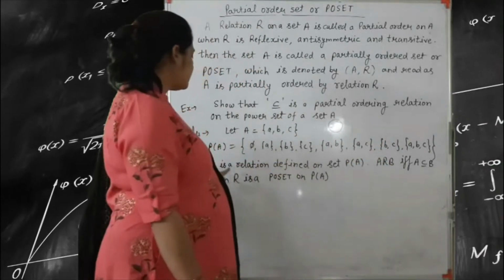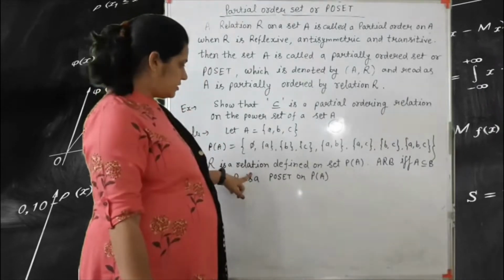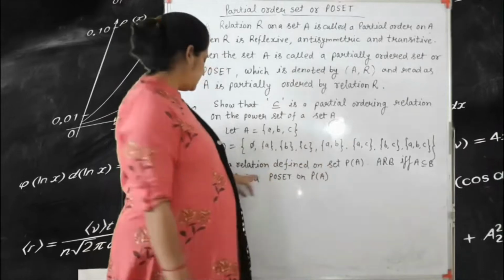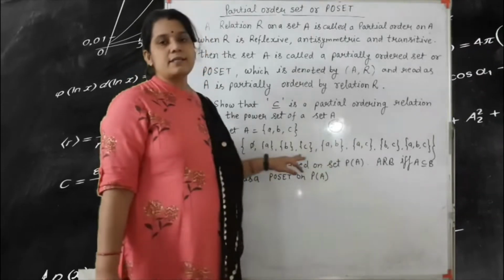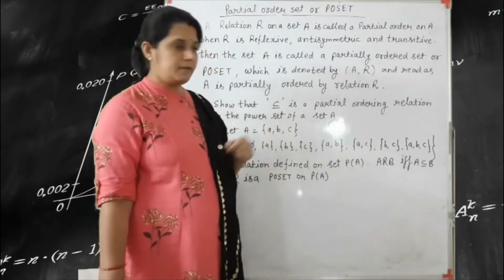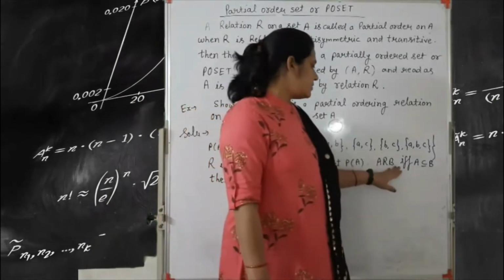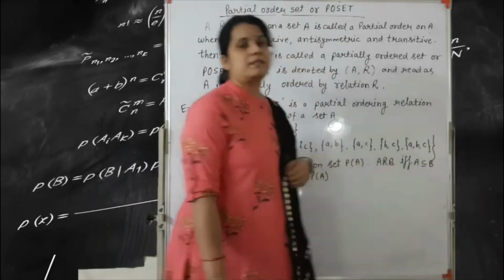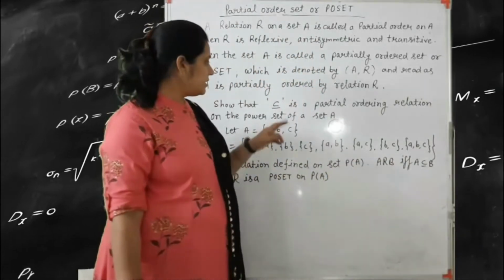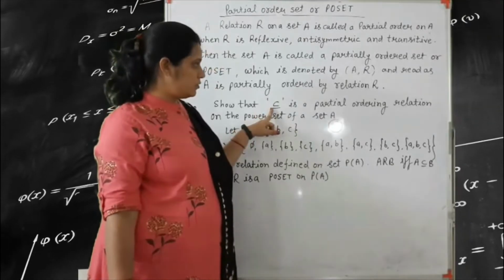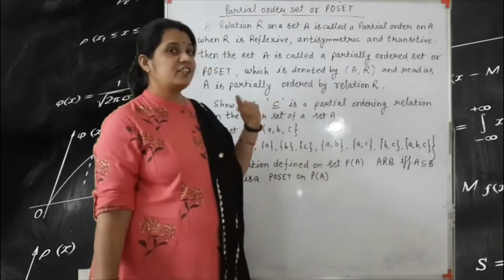So here R is a relation defined on the set P(A). That means we find out R is a relation defined on the power set of A, P(A). So a is related to b if and only if a is a subset of b. Here we show that this subset-or-equal-to is a partial order relation.